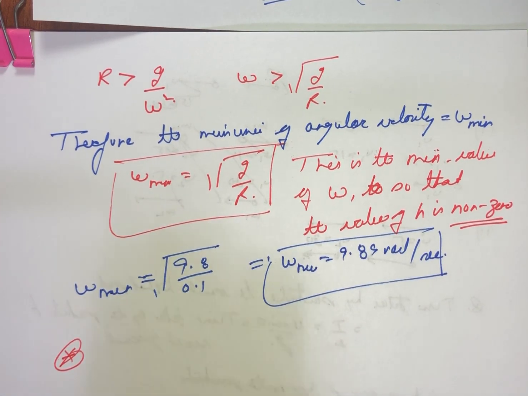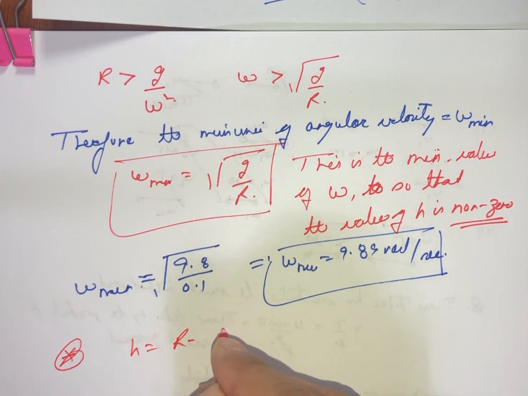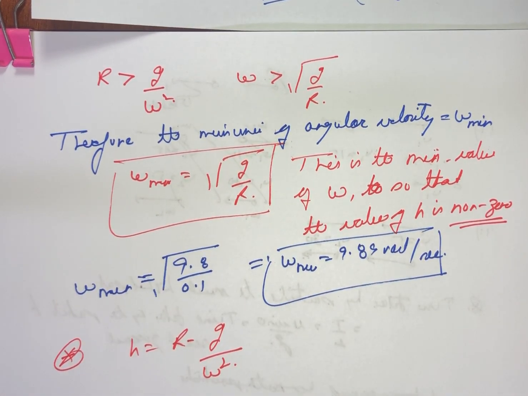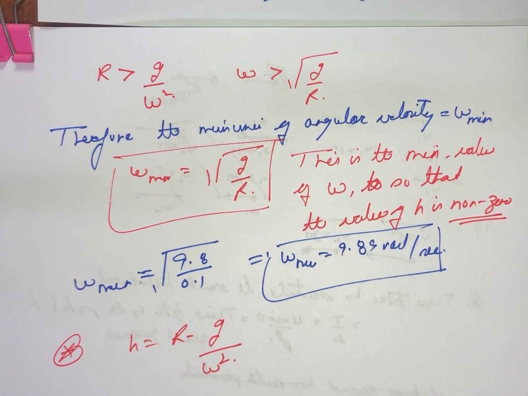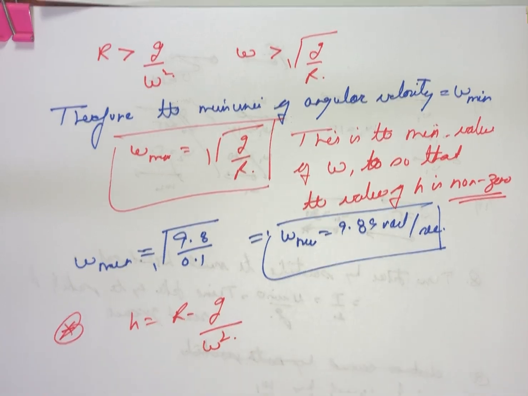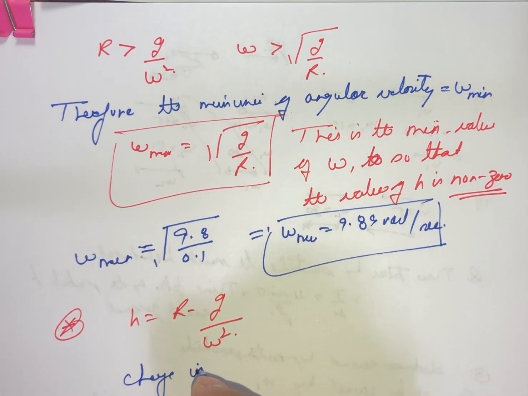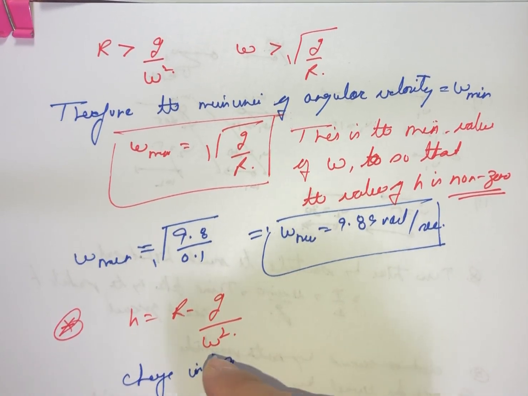We already know that h is equal to R minus g upon omega square. So we need to find out the change in g.